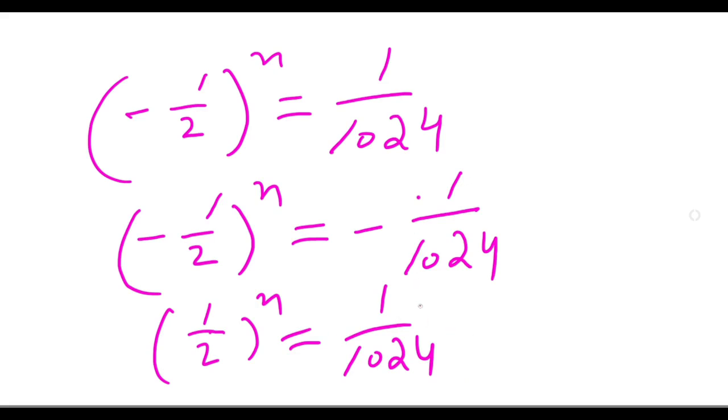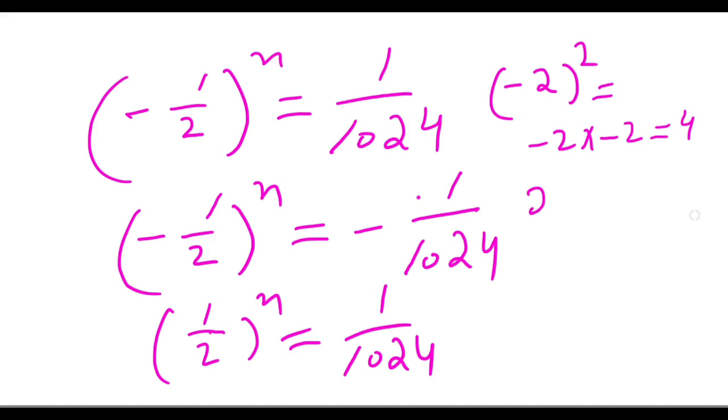Now why did we do this? Let me show you the logic. Negative 2 to the power 2 means negative 2 multiplied by negative 2, the answer is positive 4. And if you go 2 to the power 2, the answer is still 2 multiplied by 2, which is 4.